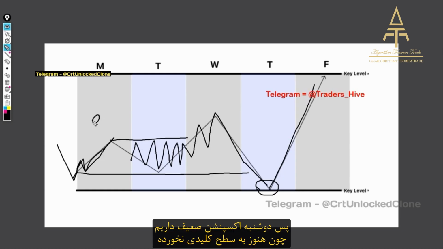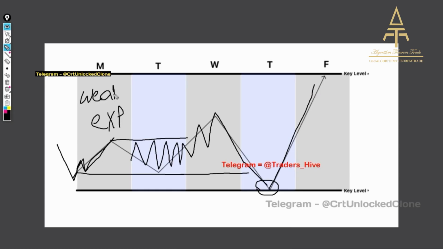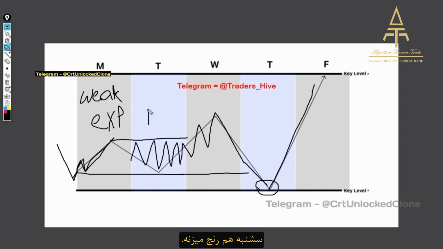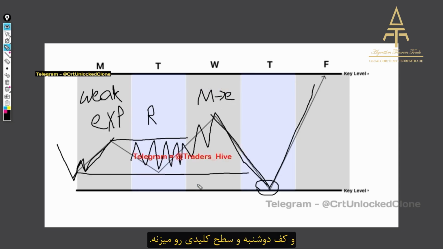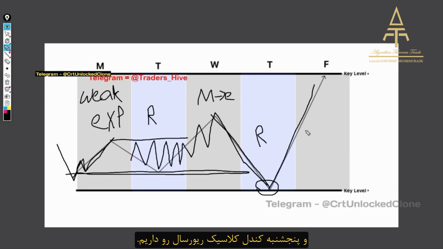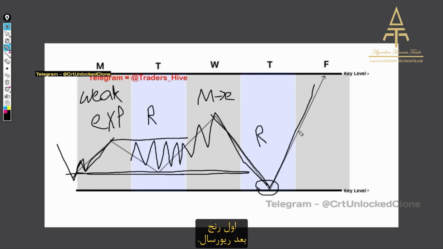So Monday we have an expansion, but this is a weak expansion due to the fact that we have yet to hit a key level. Forms a CRT high and low. Tuesday is a range. Wednesday, manipulation, and then expansion. Expansion towards Monday's CRT low and a key level. Of course, Thursday forms a reversal, classic reversal candle, right?